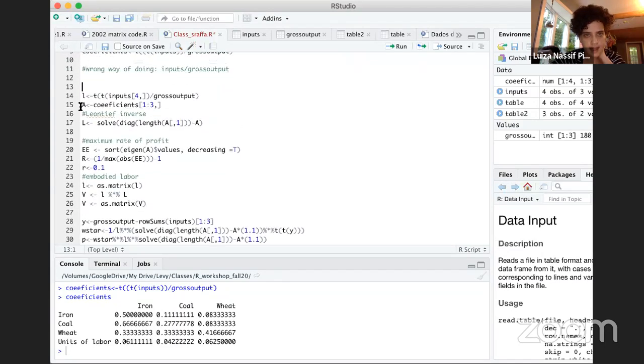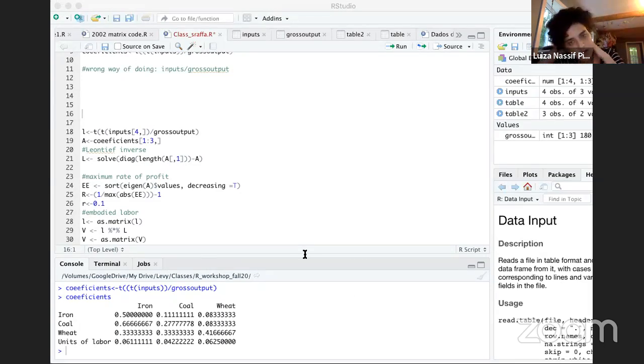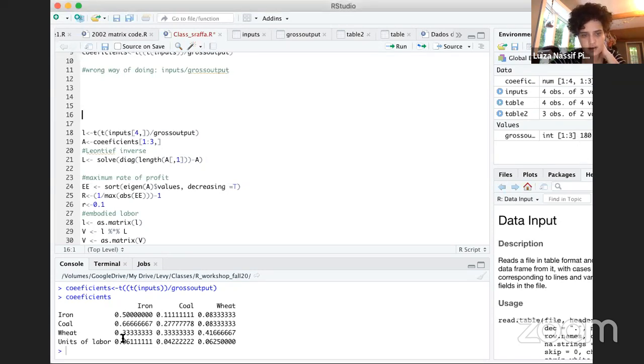So next, let me look into the exercise. The next question, on the coefficients table, asks me to explain in words the meaning of the numbers appearing on the row units of labor. So you can explain that, which I just did. This is how many units of labor are demanded once you have an increase in the production of each of these goods of 1 unit.